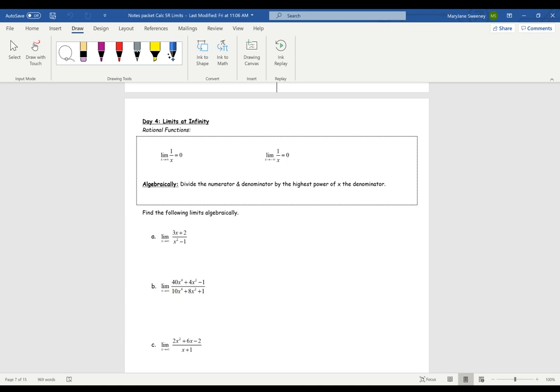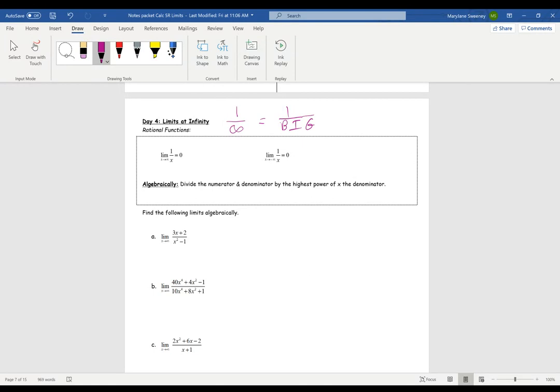0. The reason is, if you thought of plugging in, we know for limits we plug in. Now, you really can't plug in infinity, but let's say you did. If I plug in infinity, this is like 1 divided by a really big number.